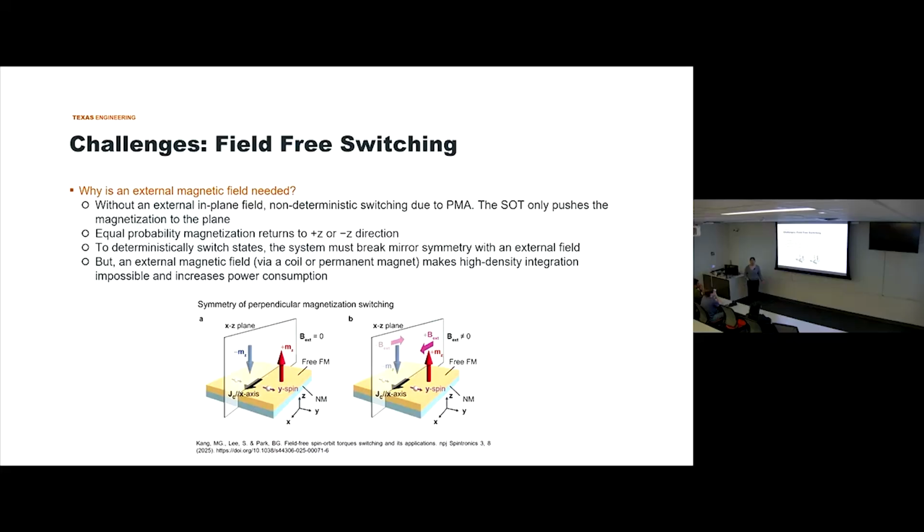But by adding an external field, we're able to break the mirror symmetry and drive it towards deterministic switching. But obviously adding an external field will increase the area, make it less dense, and also increase the power consumption. So this is really also not ideal.